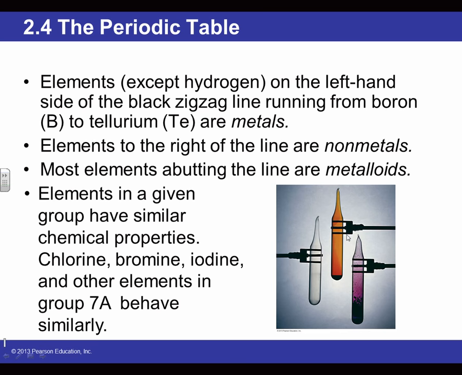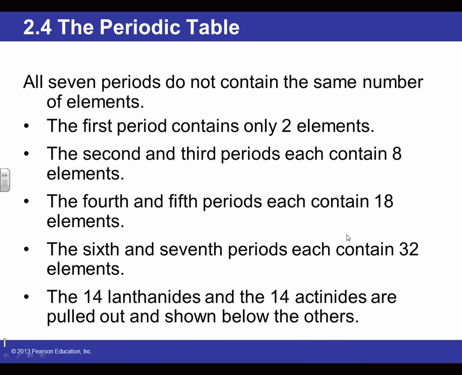And we already discussed the elements to the right are your nonmetals, the ones on the left are your metals, and they're grouped by their column vertical sections, largely because of their similarities in reactivity and behavior. And so each grouping vertical section is going to be called your family.